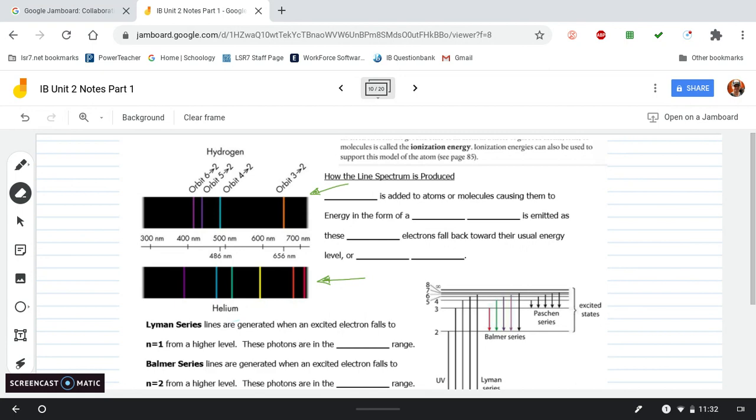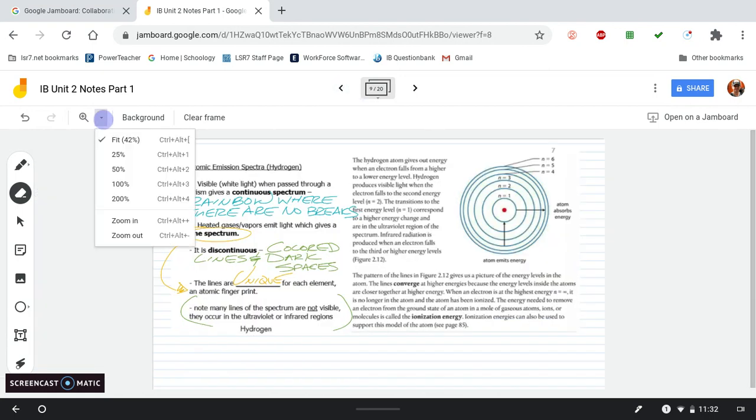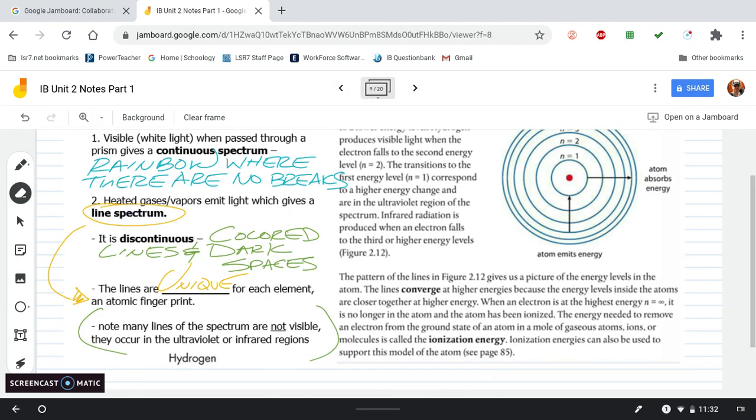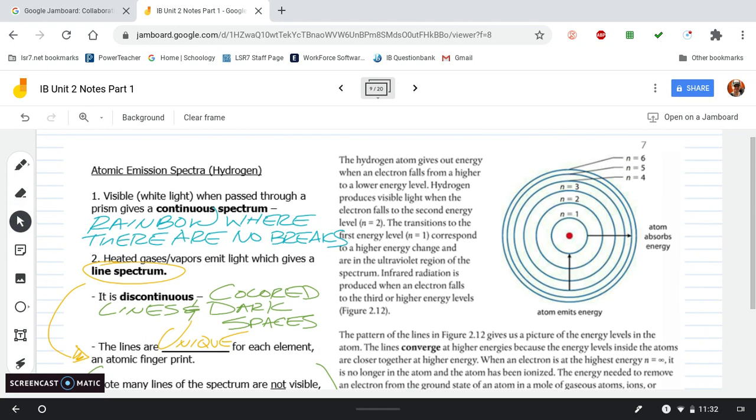So let's go back and look at this piece here. IB always focuses on a very specific area, and they talk a lot about hydrogen. Hydrogen is going to exhibit all the same properties that other things do, but they talk about hydrogen.